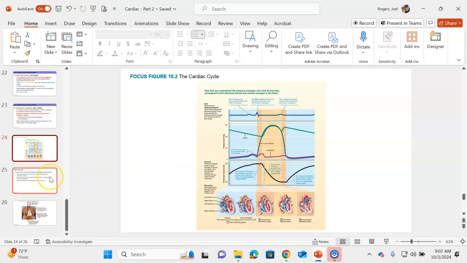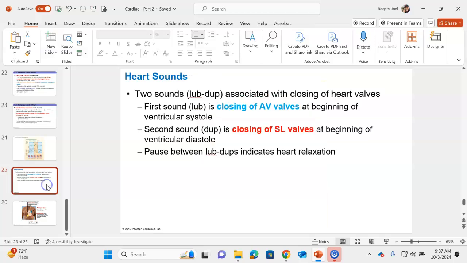All right, now 2 more things here. Heart sounds. As I'm winding down here, these last 2 slides are basically setting up one of our labs. So we've been talking about the mechanical action going on and the valves opening and closing for blood to leave the ventricles, or closing when they get full.